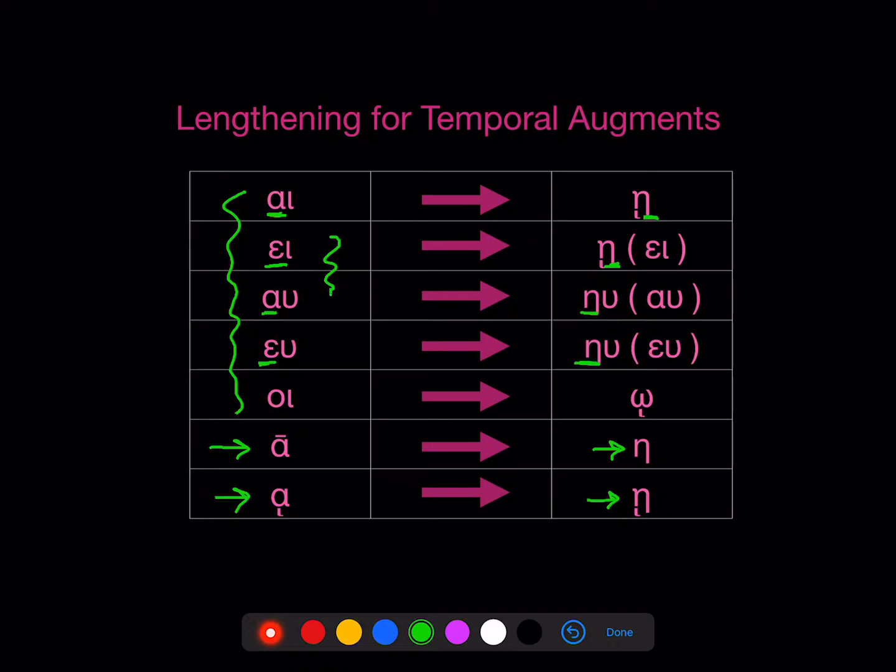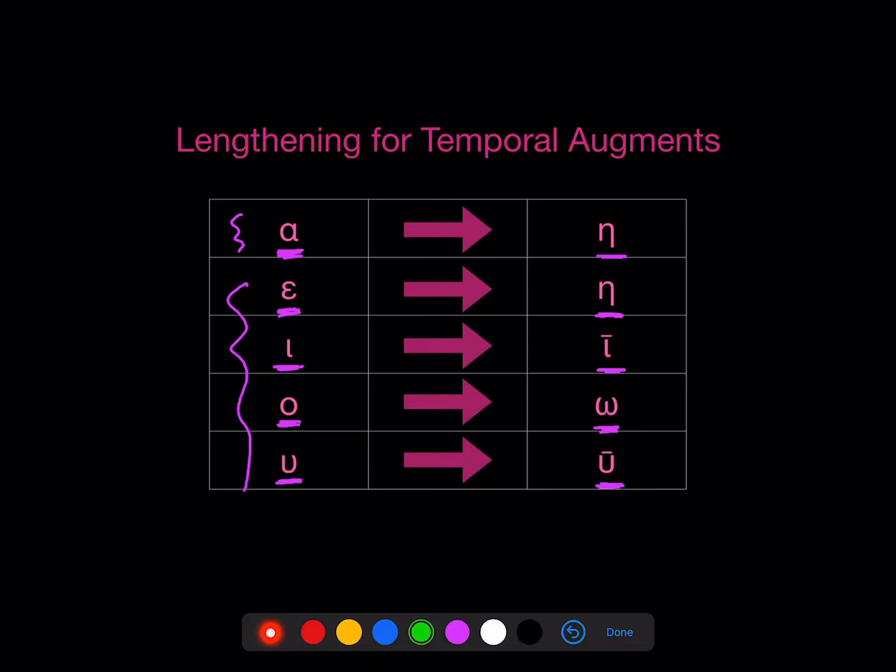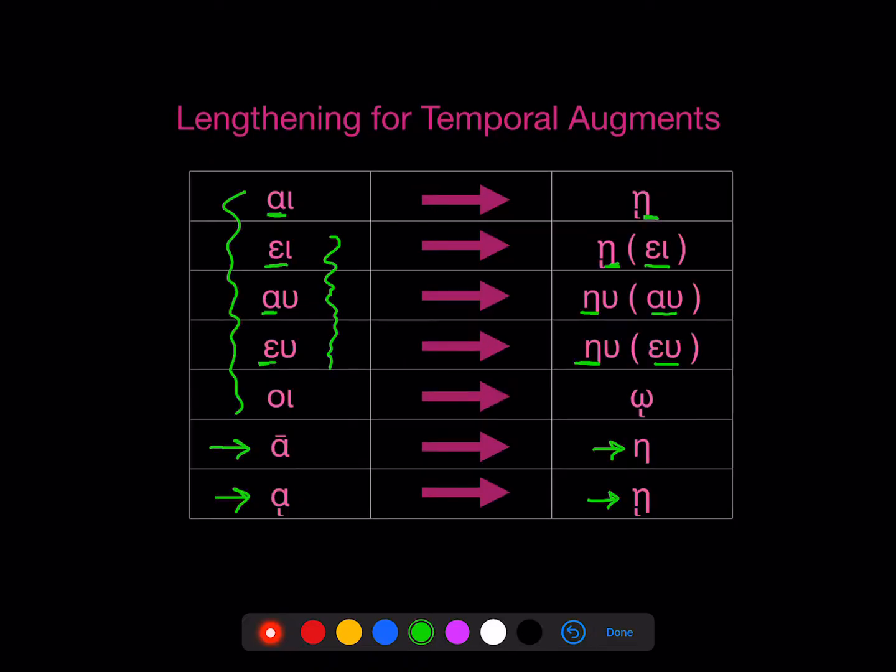Notice though with ai, au, and ou, they might just stay the same instead of lengthening. Okay, so this is the chart you need to know. This is just logic really, although remember that those diphthongs might not change.